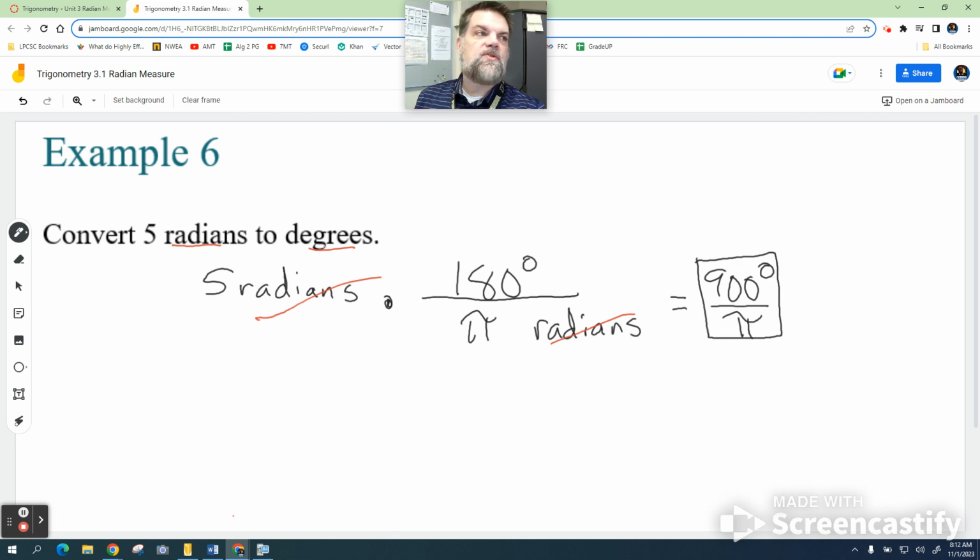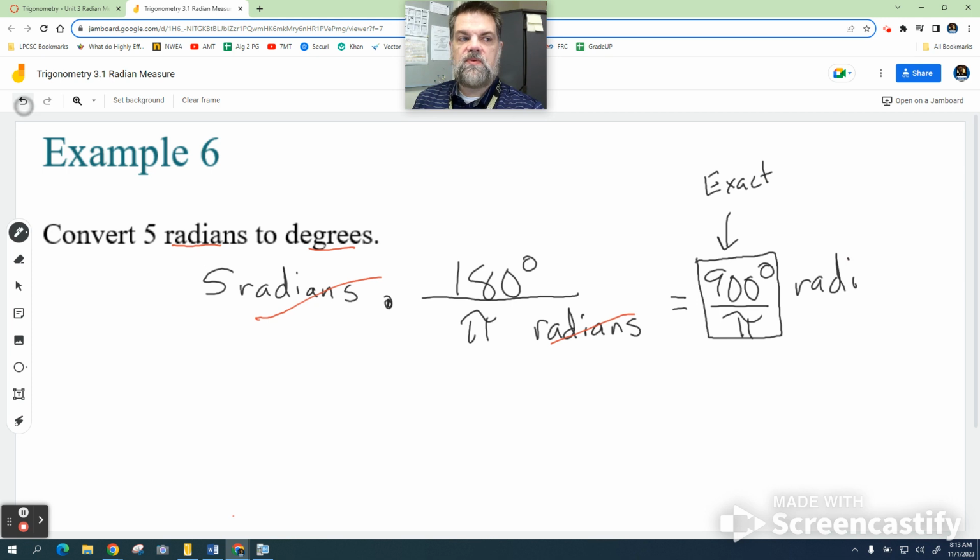With radians, we want to leave it as what we call the exact value. When I divide it by pi, though, it will give me an approximation. I would leave it like this.